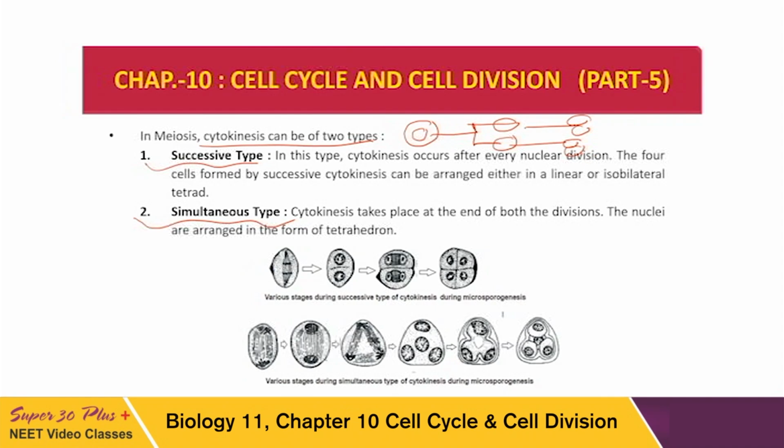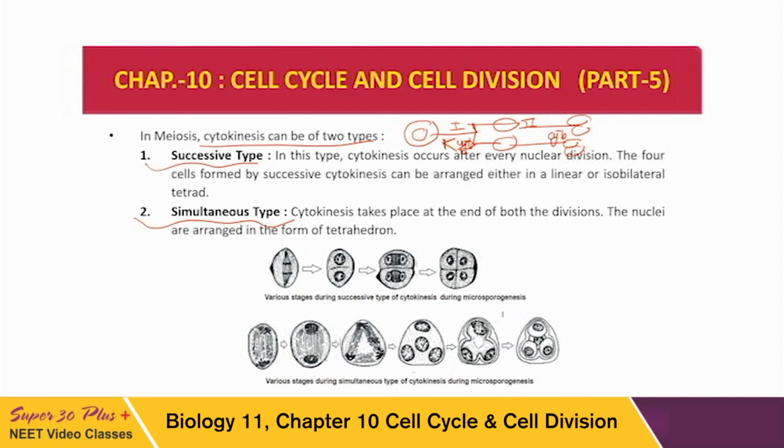As karyokinesis is over, there will be cytokinesis, and there are two divisions, first and second, so it is assumed there will be two times cytokinesis. One cytokinesis will be after meiosis first, and one after karyokinesis of the meiosis second division.